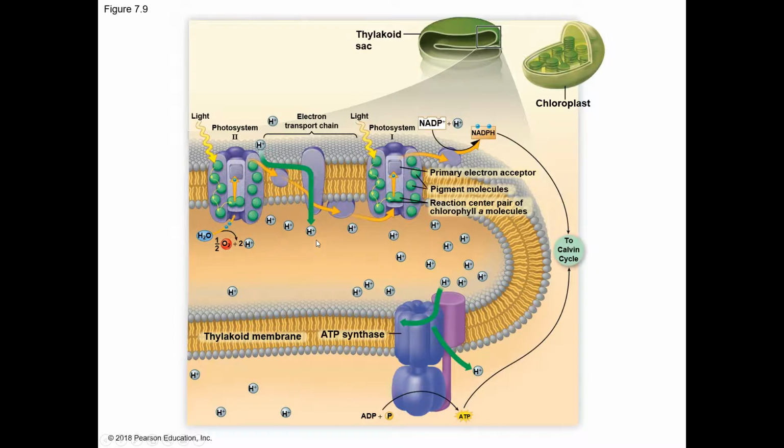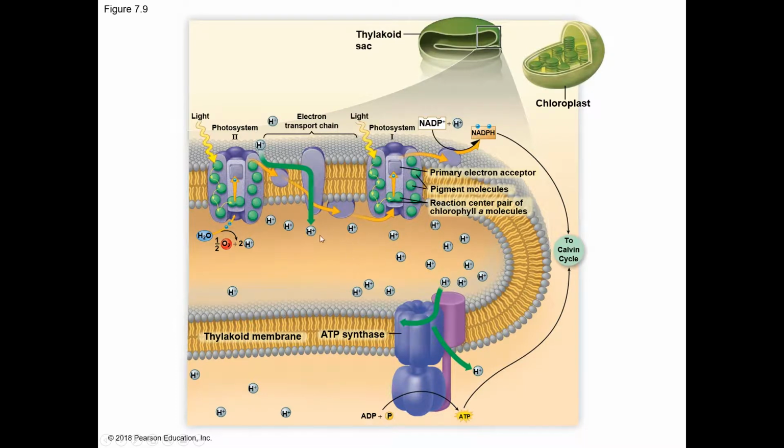Now, I haven't actually told you how this makes ATP yet, but you might have already guessed it. As we build up this concentration gradient of hydrogen ions, well, what do particles in the universe want to do? They want to go down their concentration gradient. So the hydrogen ions, they actually want to leave the lumen.